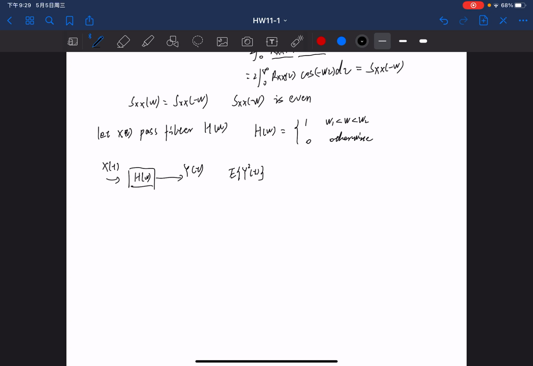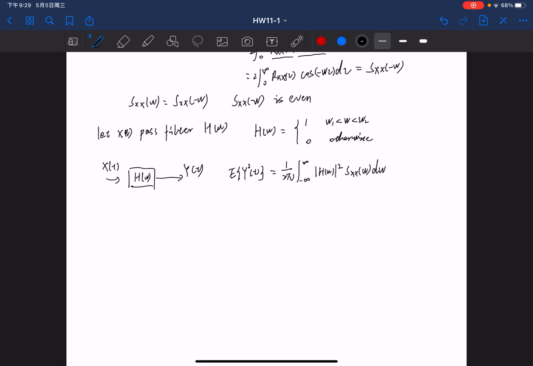And then we can calculate the expectation of y(t) to the power of 2, and it equals 1 divided by 2 pi, and we can use this formula. It equals the integral from negative infinity to infinity of H(omega) to the power of 2 multiplied by S_xx(omega) d omega.